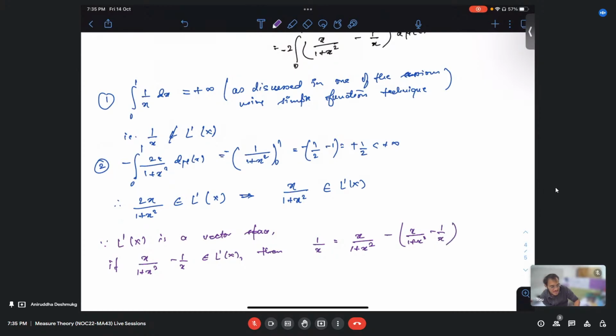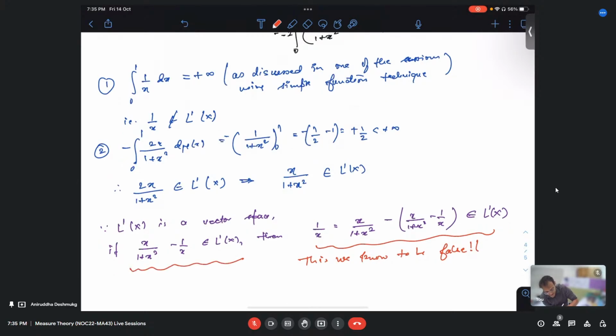So I am adding and subtracting the same term, so it doesn't matter. This must be inside L1, right? But that is not the case. This we know to be false. Therefore, this cannot be true.